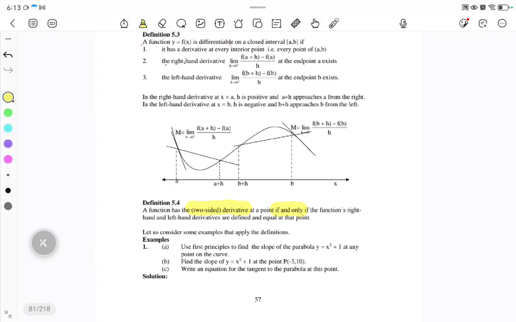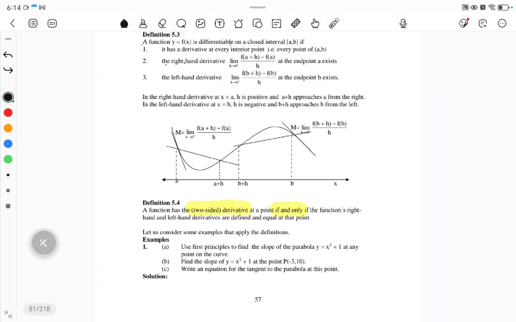So if we check the left hand derivative and the right hand derivative and we find that these two are equal, then we can say that it is a two-sided derivative. If they're equal, we mean that the derivative exists, right? So we look at these examples, which are coming from high school.